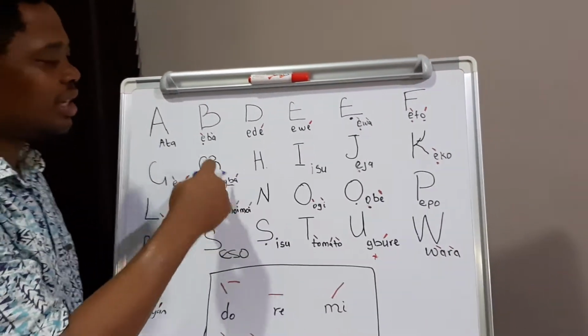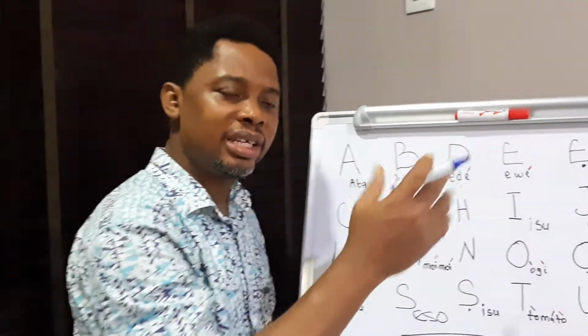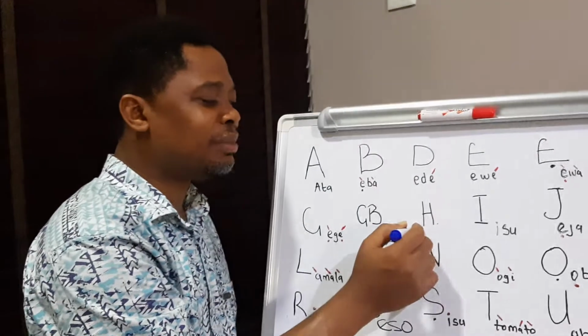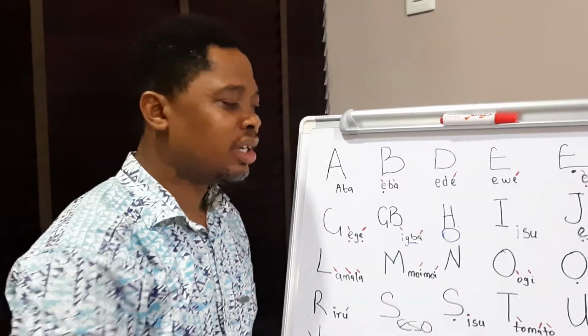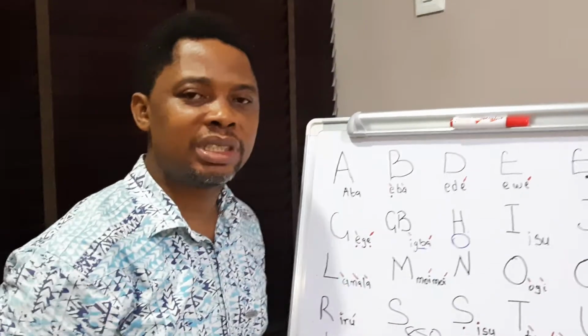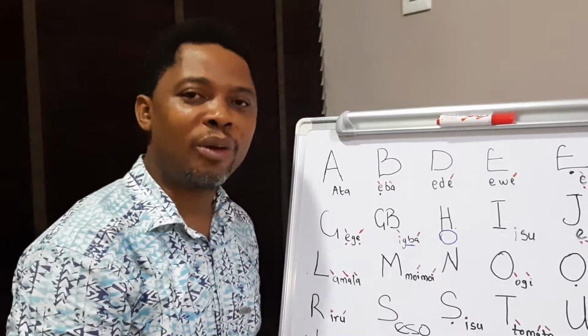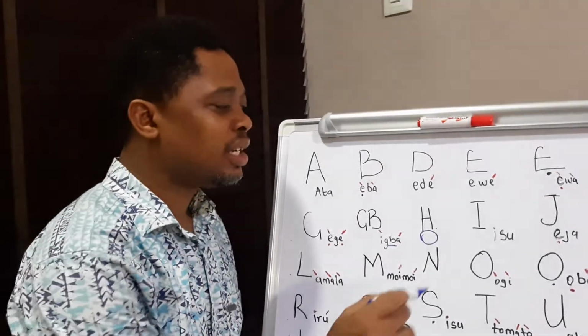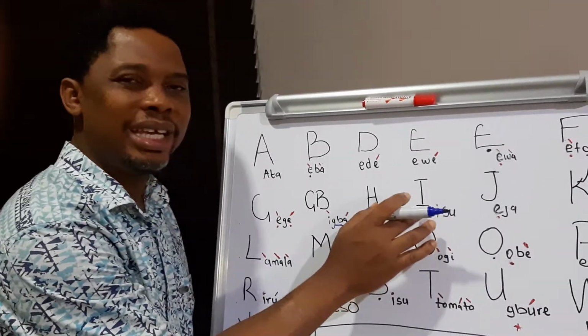We have the H. I want to give you the assignment for this case to go and look for a Yoruba word or a Yoruba food that has the sound H. I want to hear comments from people, but I will move to ishe.